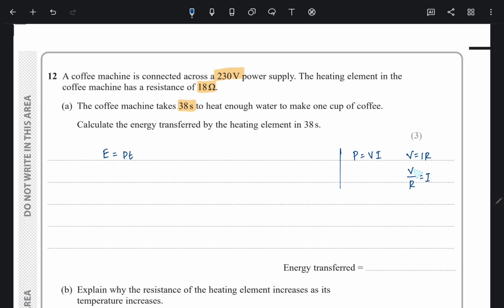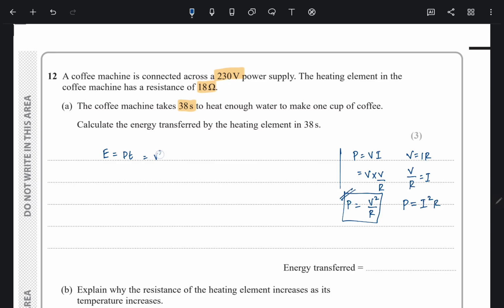And now if we insert this in the power equation, we get V into V by R. And so power comes out to be V squared by R. So that's another formula we can use for power. And if you're not given the voltage, but you're given the current and the resistance, we can find the power from P equals I squared R. But for this question, we need V squared by R.